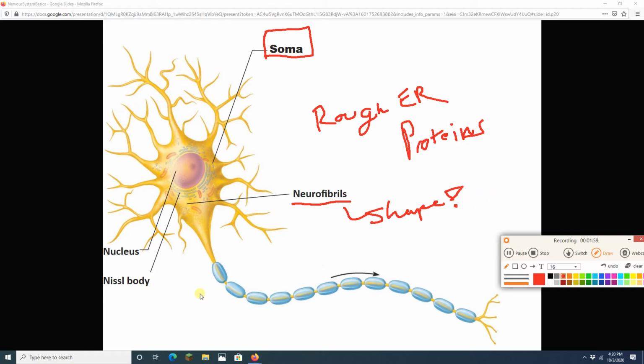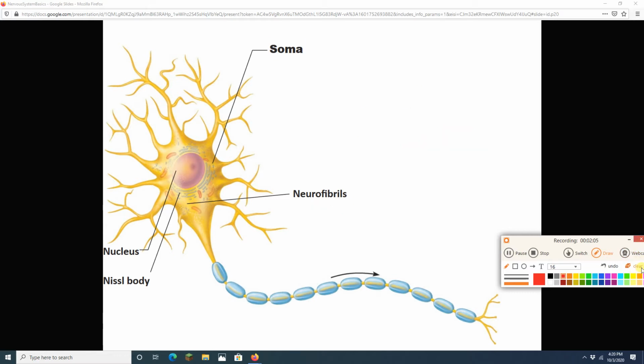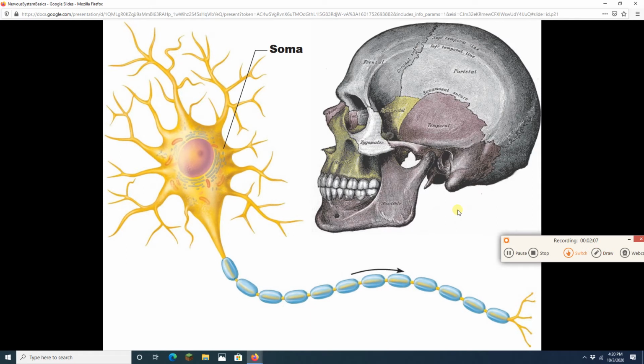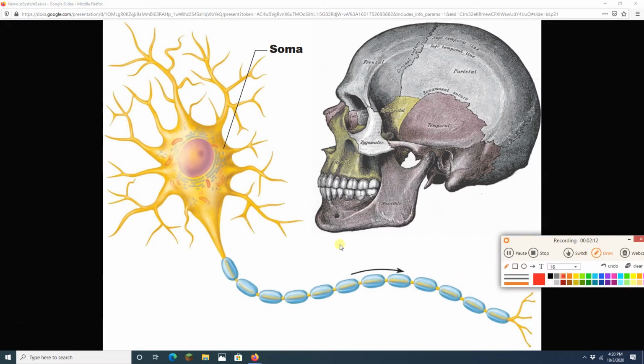So these are some basic things about the soma, or cell body, to get us started with the structure of our neuron. Now, where are we going to find our somata? Soma is the singular, somata is the plural. Most somata are found in the brain, in the cranial cavity.